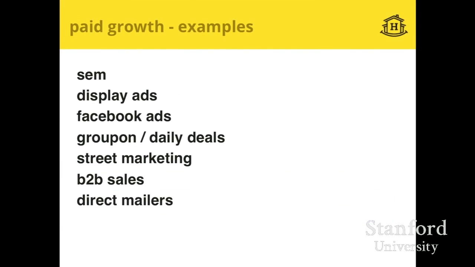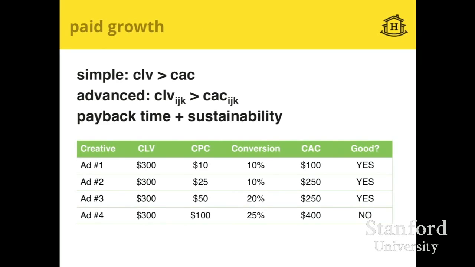Examples of paid growth are right here. These are the most obvious ones, but I'm sure you can think of more. Paid growth is basically when you happen to have money you can spend, you might have credit cards, whatever, and you can spend something to get users.